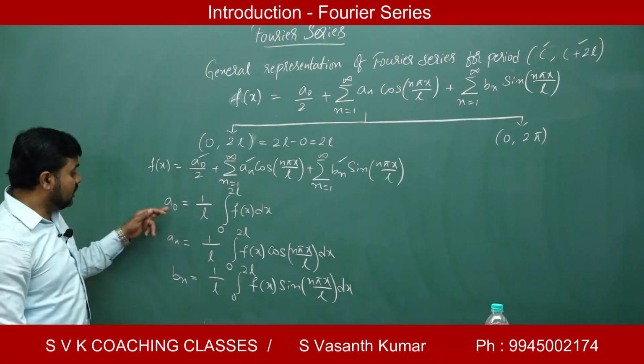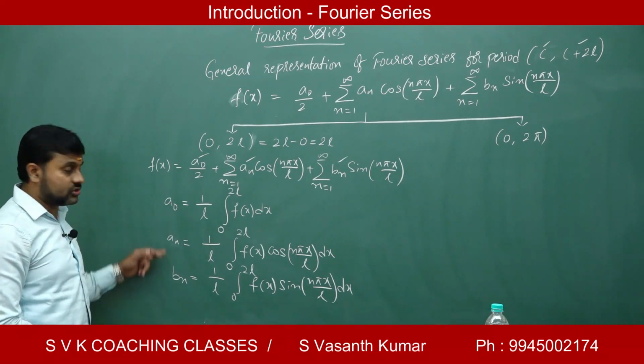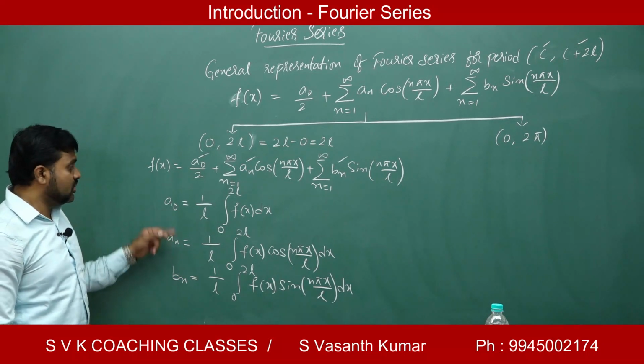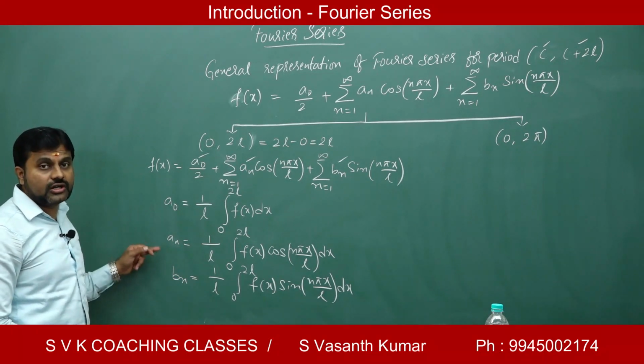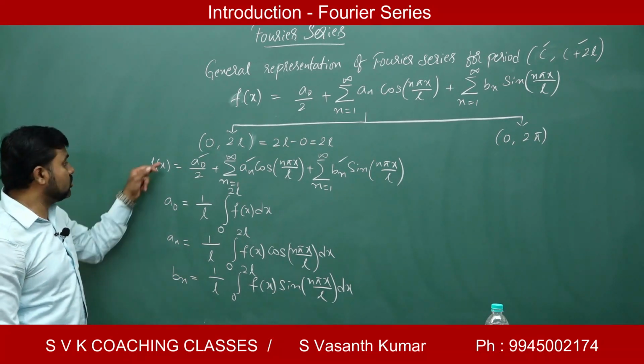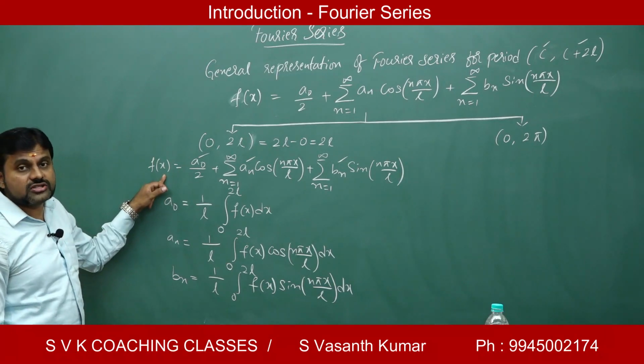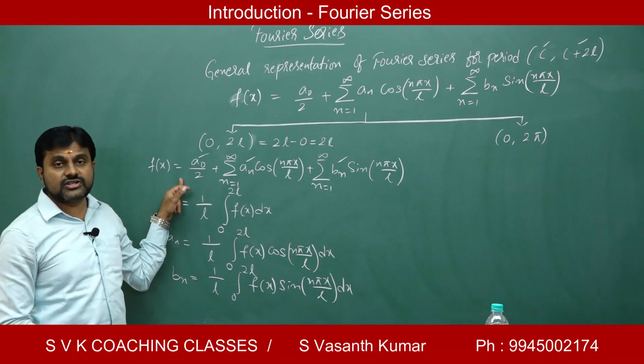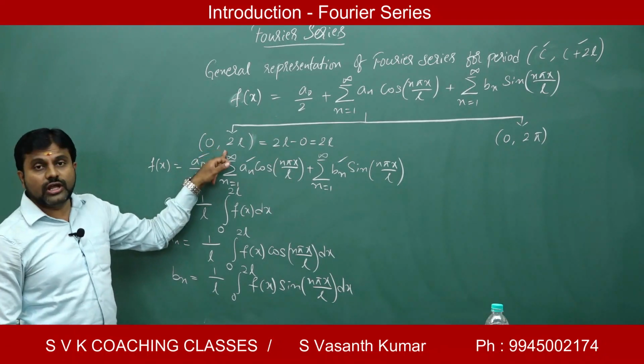These are the Fourier coefficients: a naught, an, bn. Once you know the values of a naught, an, bn, substitute them in the Fourier expansion. We are going to get the series expansion of the given function of period 2L.